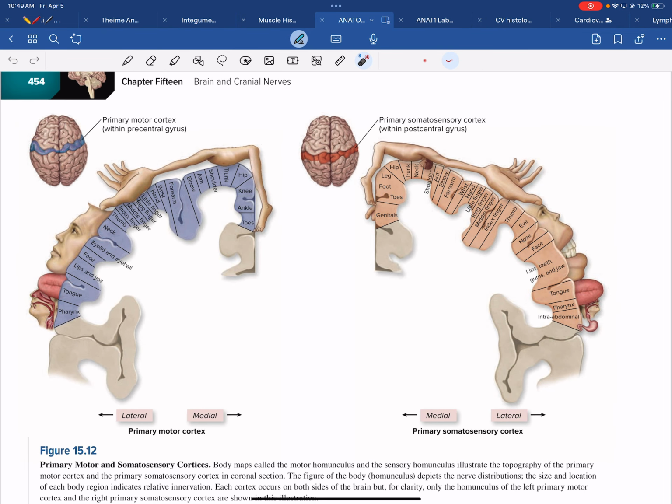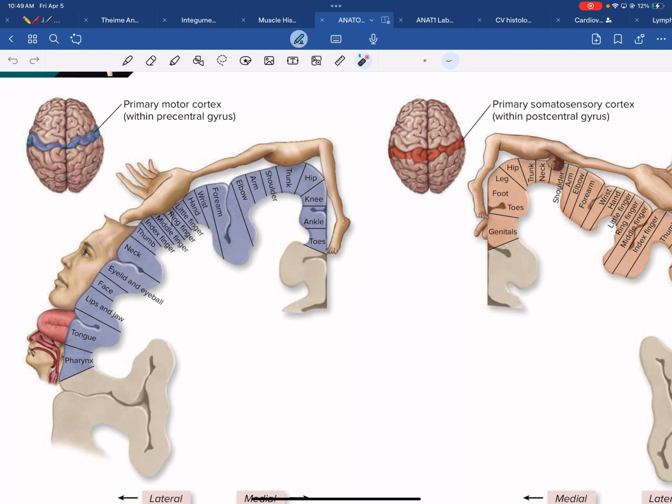So primary motor cortex within precentral gyrus. So that's what this gyrus is. It's a special gyrus because it contains the neurons that control the toes and the ankle, the knee, the face, the lips and jaw.